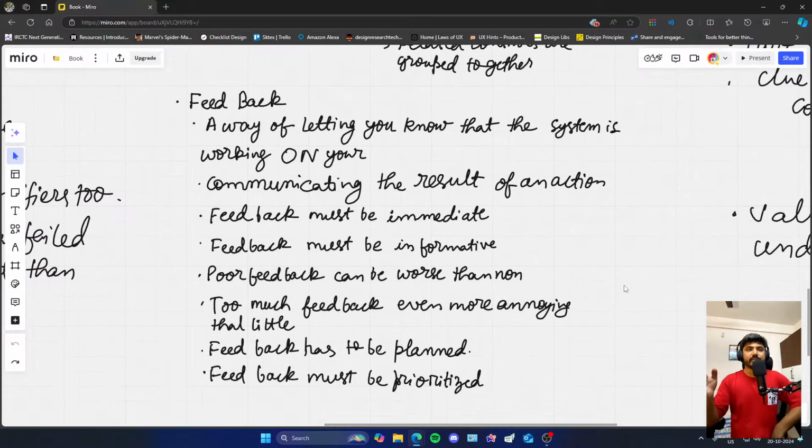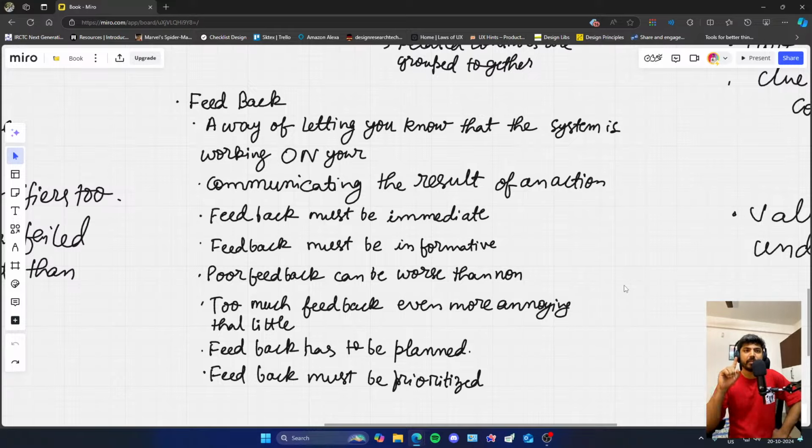This always lets you know what the system is working on. And is it working on your command? It communicates the results of an action or start of an action sometimes, which is not mentioned here, but this is my concept. Feedback must be immediate. Feedback must be informative.